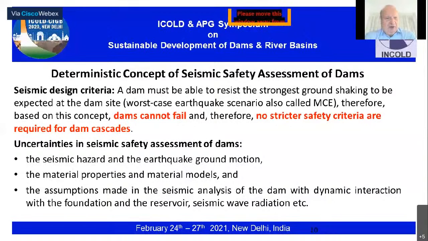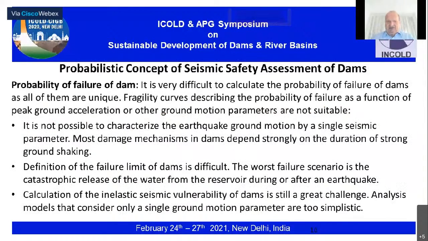Number three, there are uncertainties in the assumptions made in the seismic analysis of the dam, especially dynamic interaction with the foundation and the reservoir, and seismic wave radiation. So there are a number of uncertainties if you do a seismic analysis of a dam in a deterministic analysis.